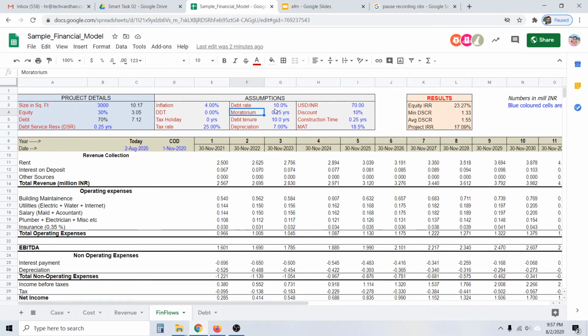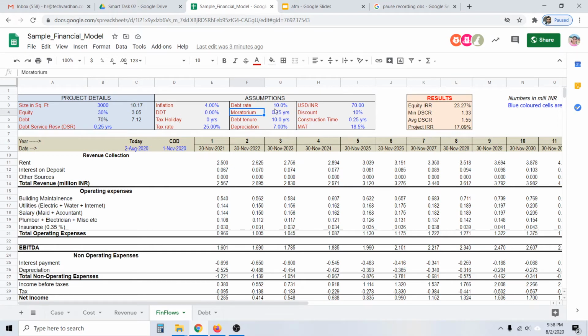You say, sir, can I take a moratorium of 6 months, and we will not pay back the principal in the first 6 months, and then I will start paying back the principal? The bank will say, okay, fine, no problem. Pay me the interest, the principal you can pay me back later, after 6 months. That time is called moratorium in simple terms.